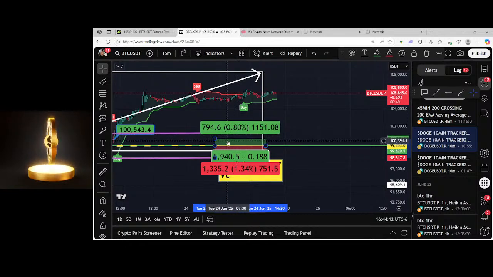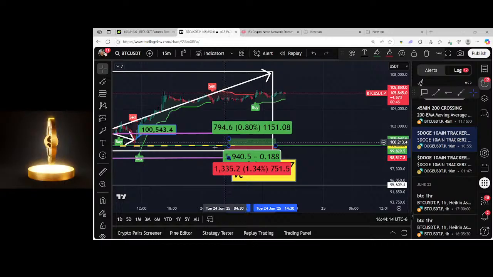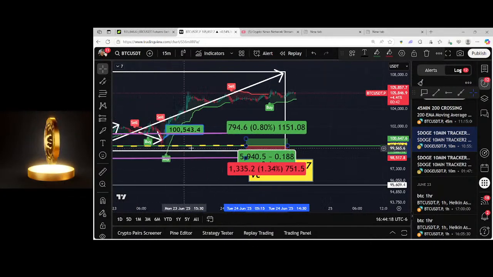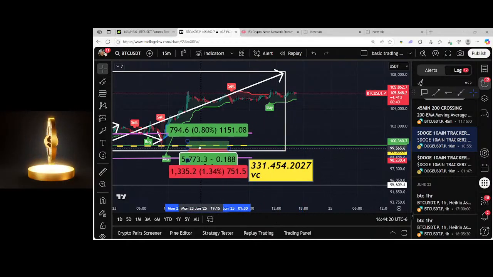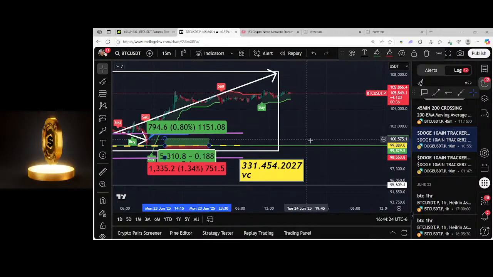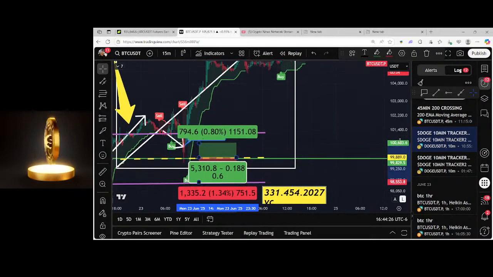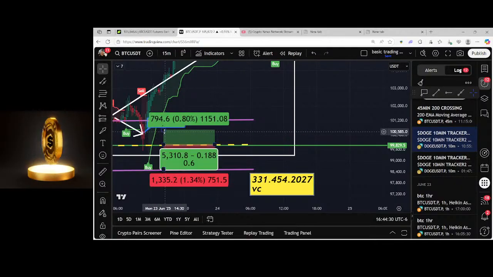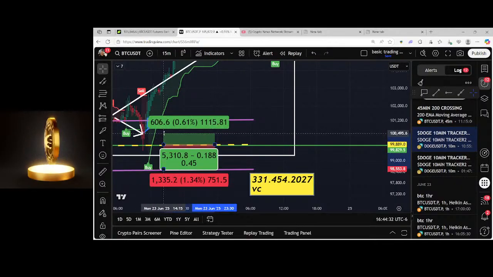So let's say 40%. So this stop loss, and this is where you have to start calculating a little bit, is when you put yourself in these positions, you have to say to yourself, okay, if I put my entry position at this higher level, which would be somewhere around here, right?